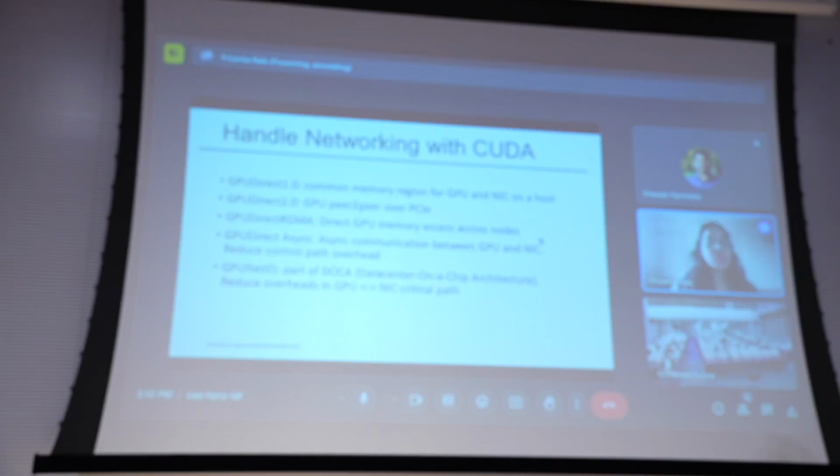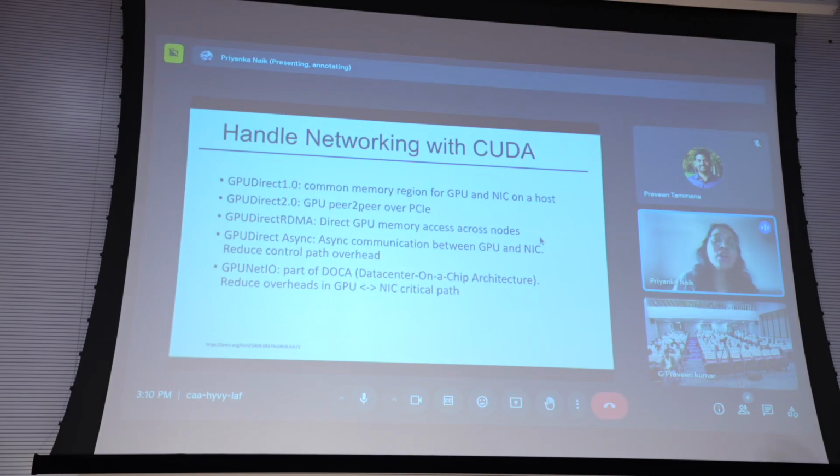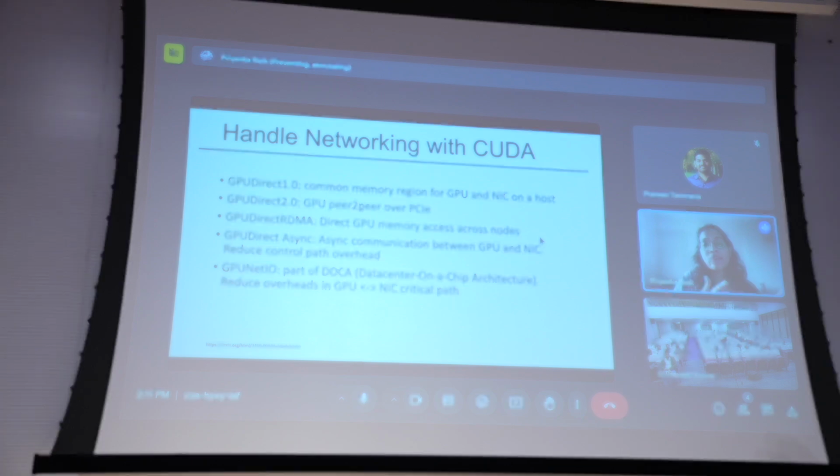The first one was a common memory region for GPUs and NICs on a host so that they can talk to each other without CPU intervention on the data. The second was GPUDirect, where there was peer-to-peer communication across the GPUs directly over PCI without the involvement of the host. Right? The third technique was direct memory access across GPUs, not on one node but across nodes, where there would be a common memory.